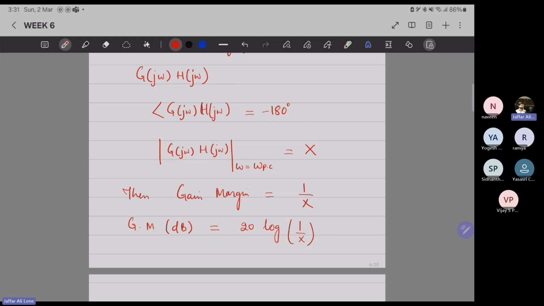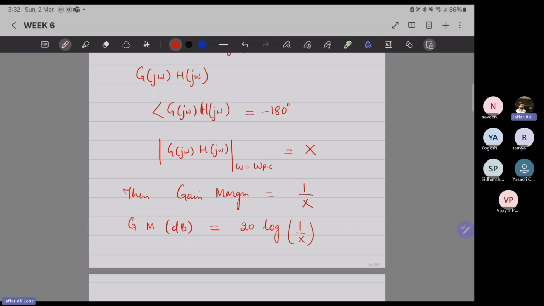So I'm again repeating. When we increase the system gain, it moves towards the unstable region. The amount of gain which makes my system marginally stable is called gain margin, right?